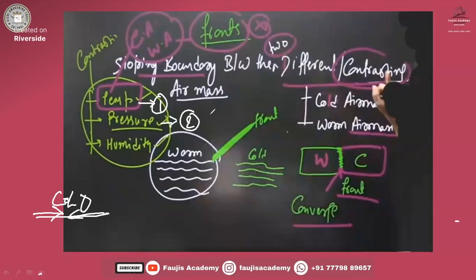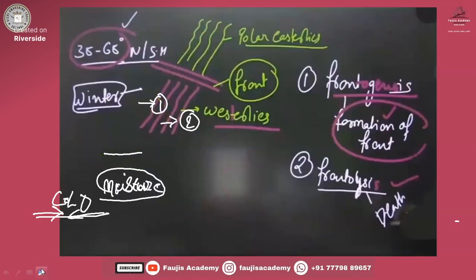You all know that if there is high temperature, there will be low pressure, and if there is low temperature, there is high pressure. So a pressure difference should also be there. Then it should have humidity. All those air masses should have moisture content. So this is the third condition. So this is about the conditions of the front.